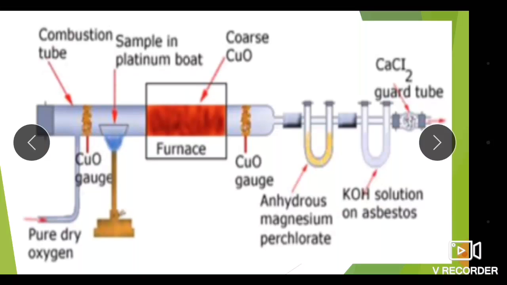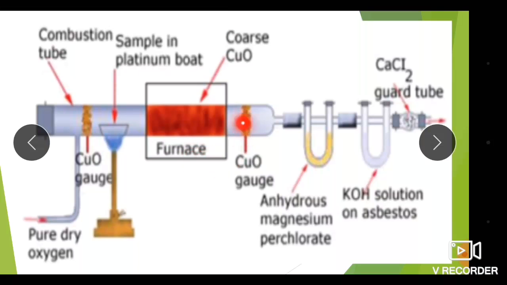So let's see, here I am trying to give the color diagram of this assembly, that is the combustion assembly. Here the combustion tube is there. Pure dry oxygen is passed through the sample kept in a platinum boat.